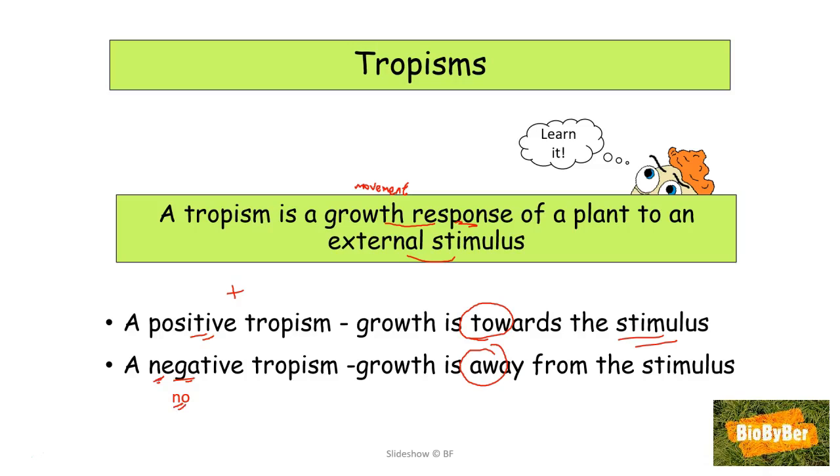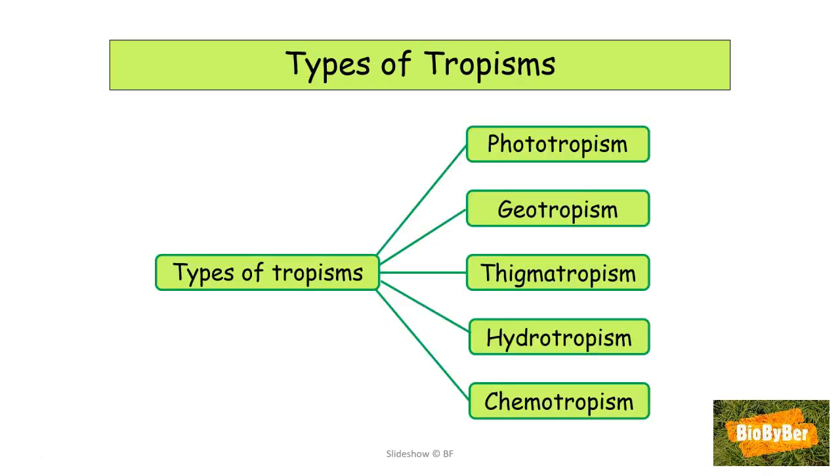An example of a negative tropism is the way that stems grow away from gravity. They grow up. Now, here comes the bad news. There are different types of tropisms, and you have to know the definition of each type. Now, if we have a look at them, there is a simple trick we can use to help us remember.